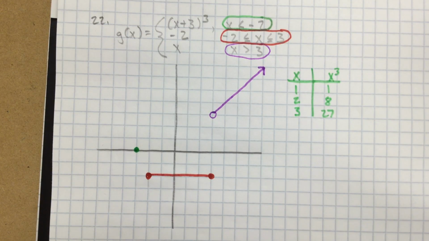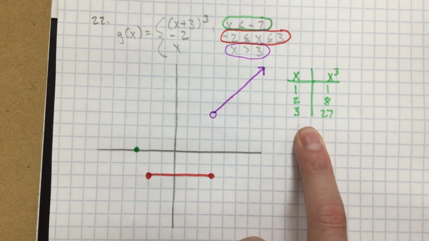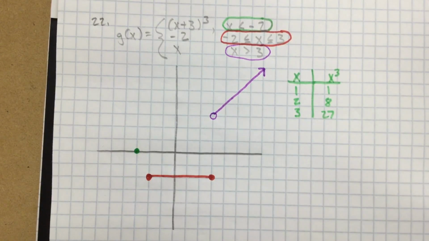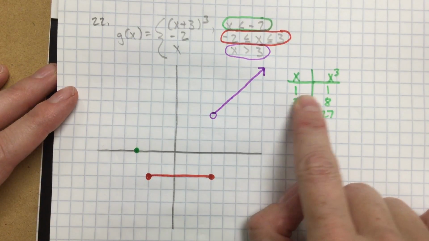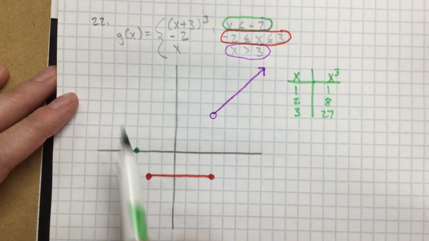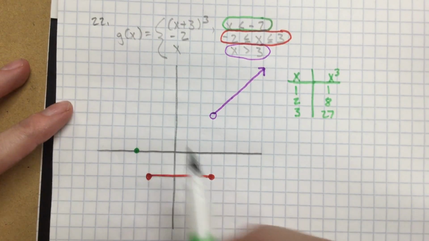And we want values less than negative 2. Okay, if you know what your parent function looks like, this helps you out. If you don't know what your parent function looks like, then we just wrote down a bunch of numbers and you need to know what to do now. So your cube parent function looks like a squiggle thing. It goes up to the right and down to the left. So when I go right 1, I'm going to go up 1. So when I go right 1 and up 1, that puts me at negative 2.